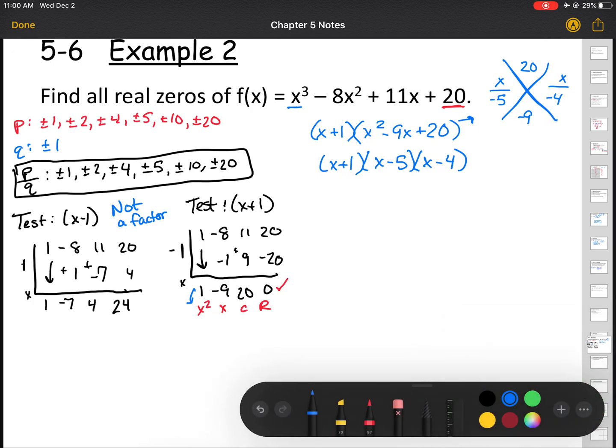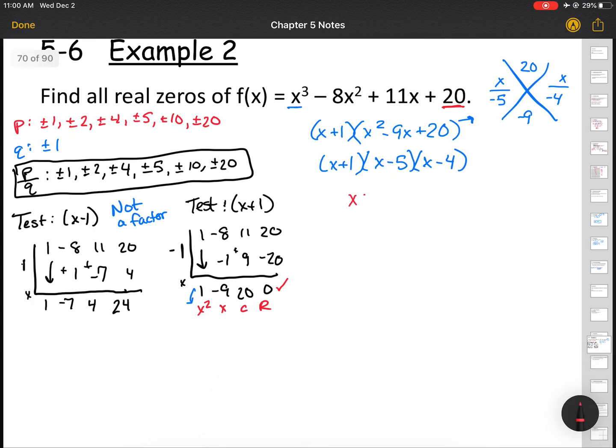But we're not wanting that. We're wanting the zeros, the actual zeros from this polynomial. So we know that if we set each factor equal to 0, we can figure out what these x values are that are the real zeros or roots of this polynomial. If I move 1 over to the other side, x will be negative 1.